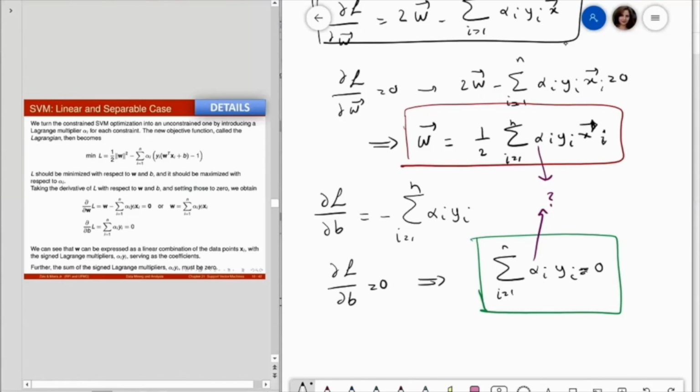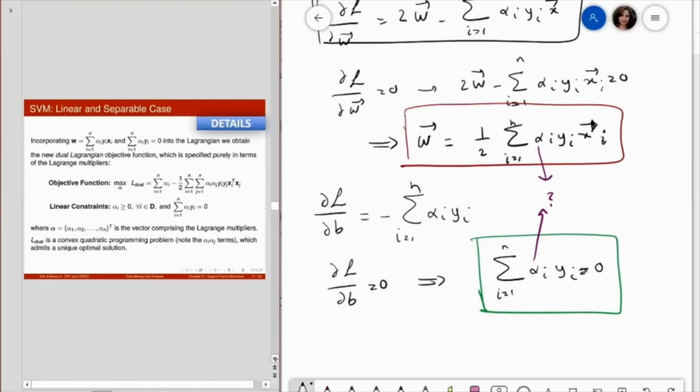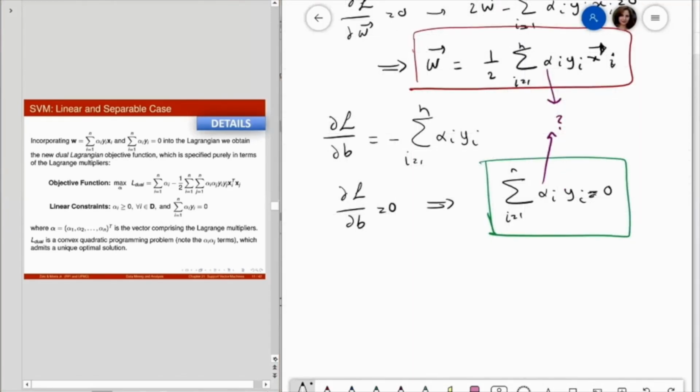So we can express w as a linear combination of all of the data points with the Lagrange multipliers as the coefficients. Also, we can see that the sum of the Lagrange multipliers with the labels is equal to 0. It means that the Lagrange multipliers are distributed evenly between the positive one class and the negative one class.